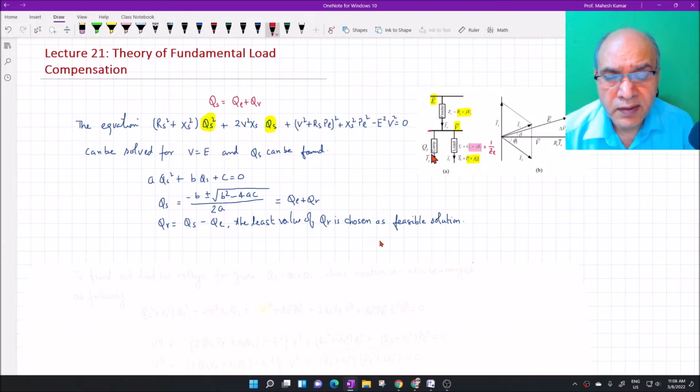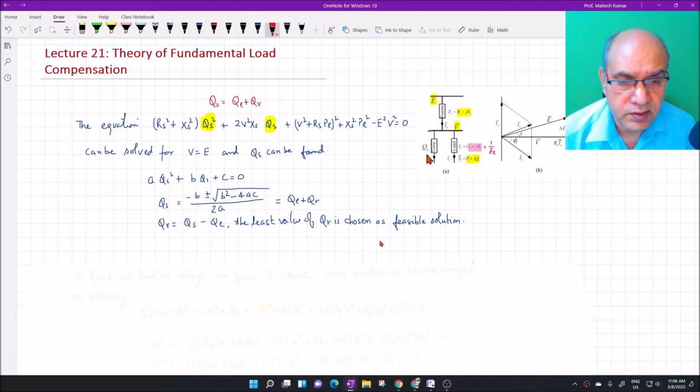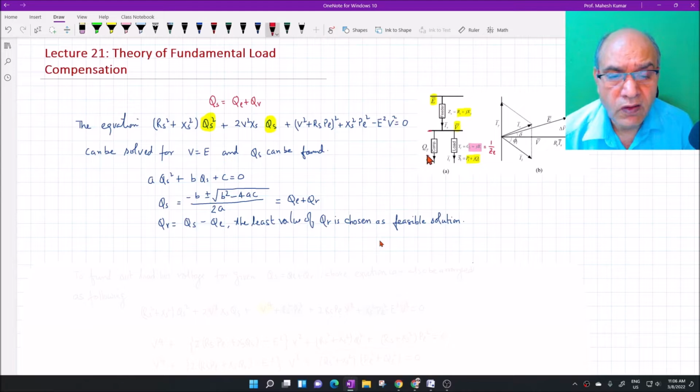Now why have we denoted the compensator by Q gamma? Because the compensator is a purely reactive network. It does not have a real component of impedance, hence it will not take any real power, or give any real power to the load bus. That's why we have denoted the rating of the compensator by Q gamma.